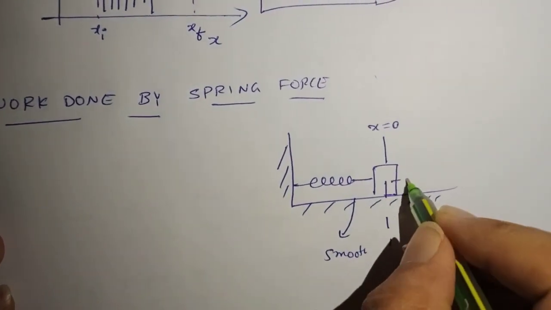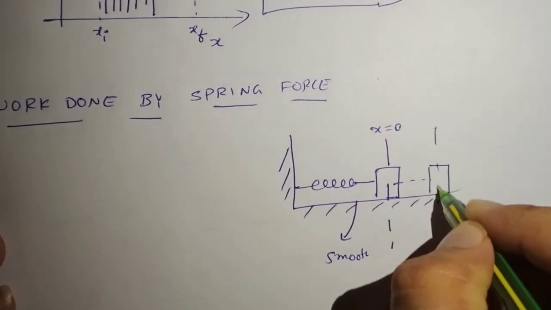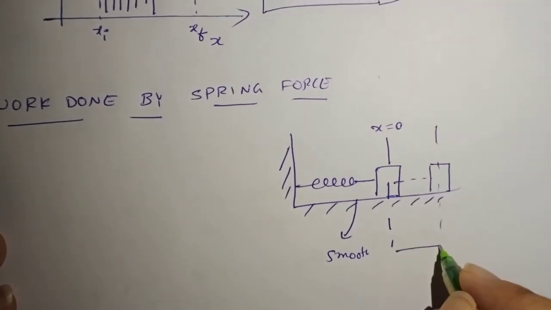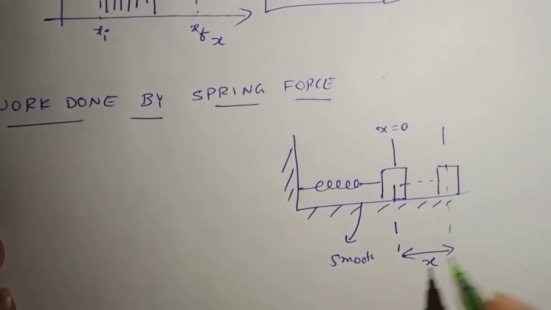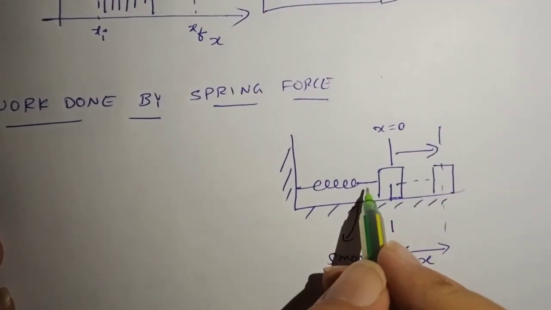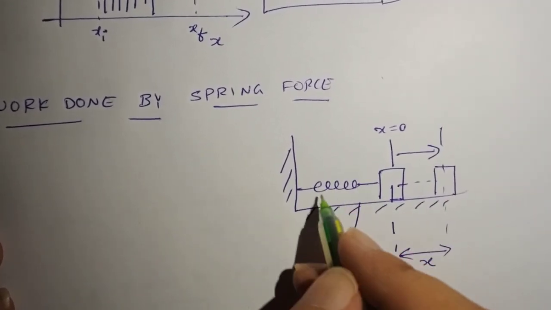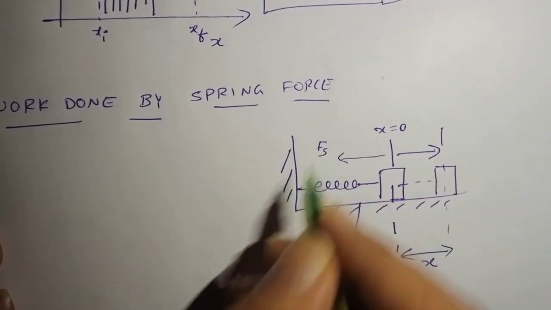So now we have applied some force on the spring. So this is the displacement of the spring. Say the displacement of the spring is x. So displacement was in this direction. Okay, so what the spring will do, spring will try to pull the block backward. So this will be the direction of spring force.